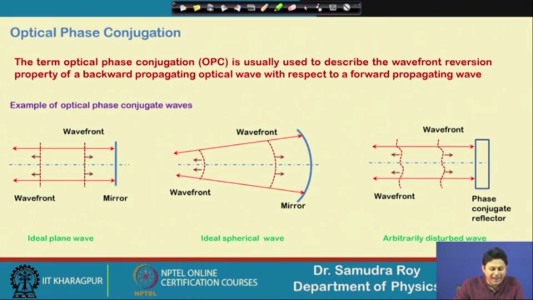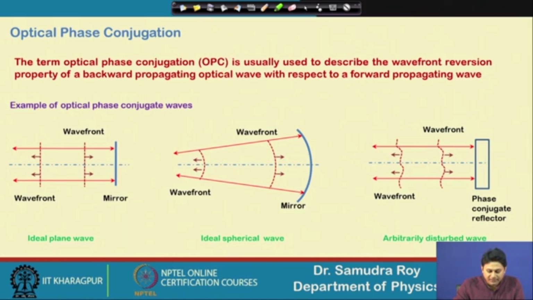That normally happens when we see something, that light is reflecting in all directions, and that is why I can see that particular object. But here the light is reflecting from the mirror and then propagating exactly in the same path and moving in the opposite direction.